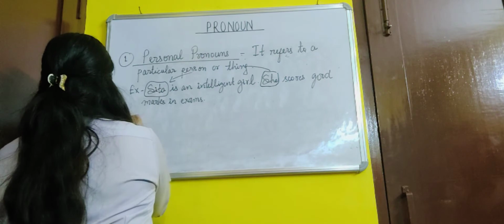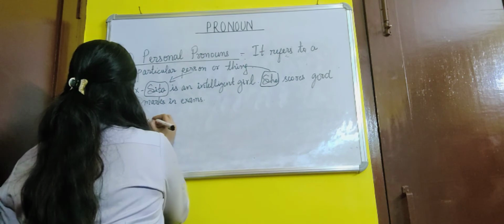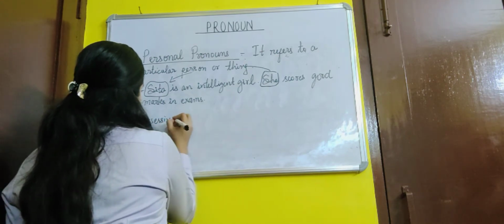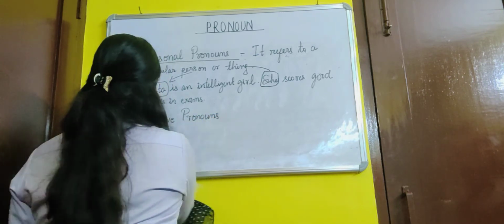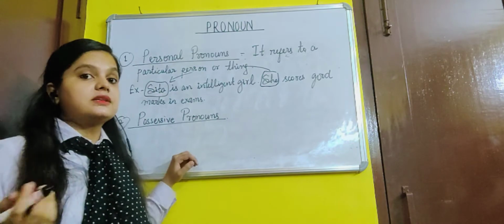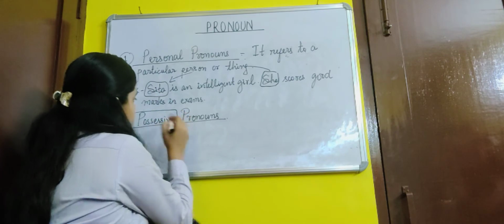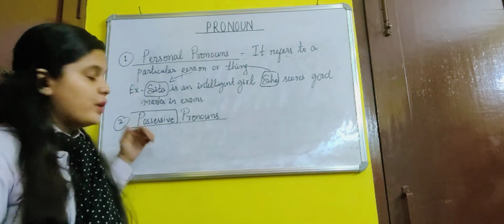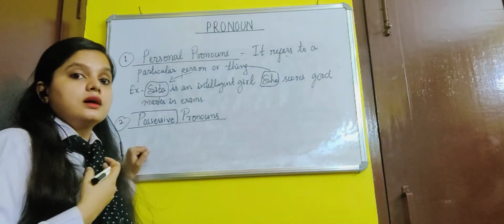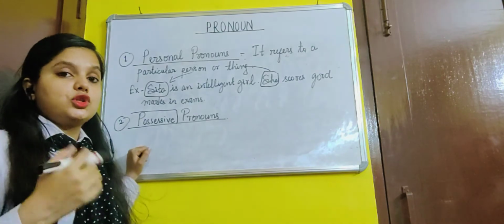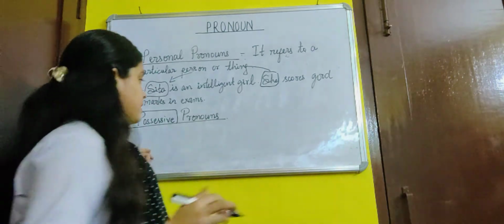Now see the next type, that is possessive pronouns. So what are possessive pronouns? Just see the word possessive in its name. So it shows the possession. Okay, if a pronoun takes the place of a noun to show the belonging or the possession, it will be called a possessive pronoun.